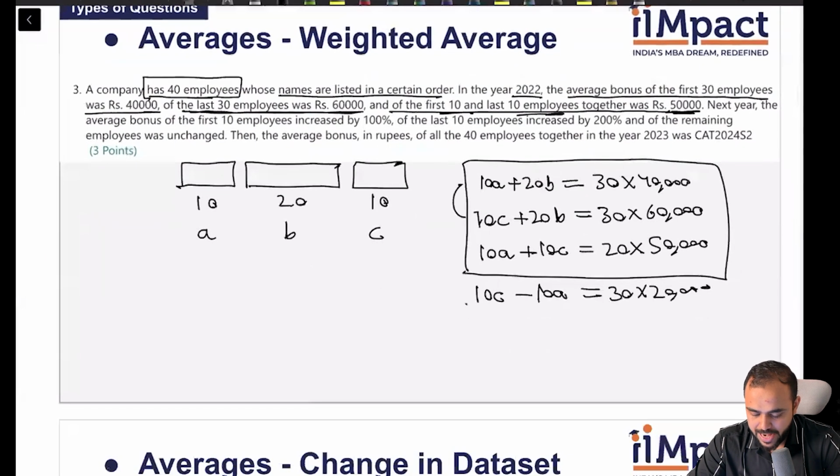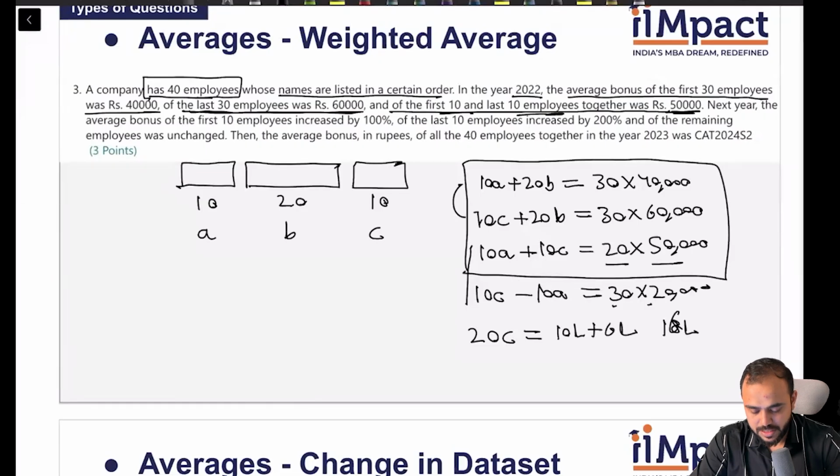Correct. Now, if you add these two equations, you will get 20C is equal to this is 10 lakh plus 6 lakh, 16 lakhs, or C is equal to 16 lakhs by 20, which is what?